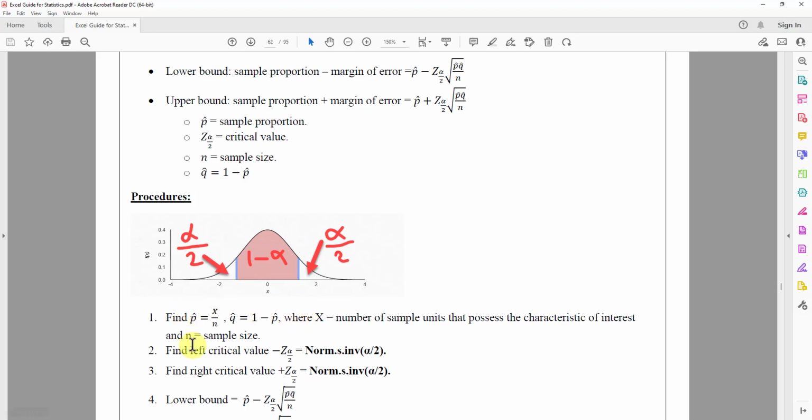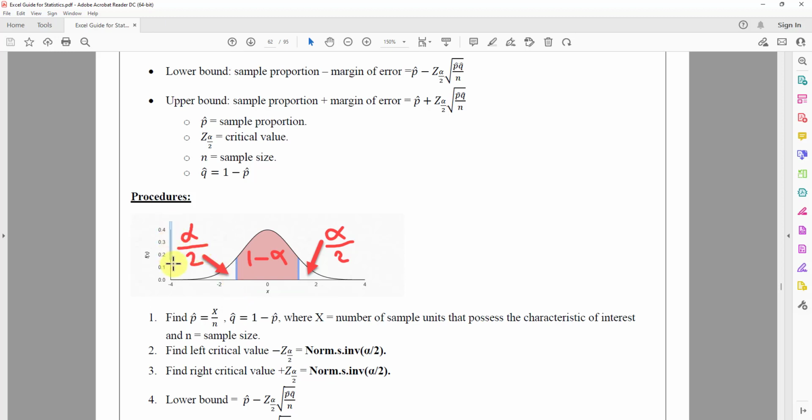Okay, for the left critical value right here, minus z alpha over 2, at this point we use the inverse normal function, which is NORM.S.INV. This is the z-distribution. Therefore, this is the standard normal distribution, and therefore we use the S, letter S, here, because I'm looking for the standard normal distribution. So NORM.S.INV and alpha over 2, which is the area to the left side of that critical value.